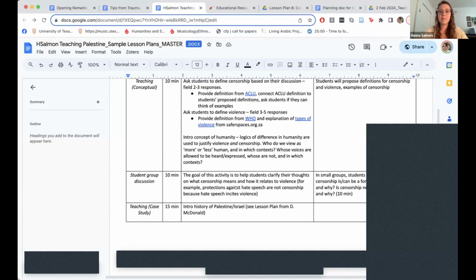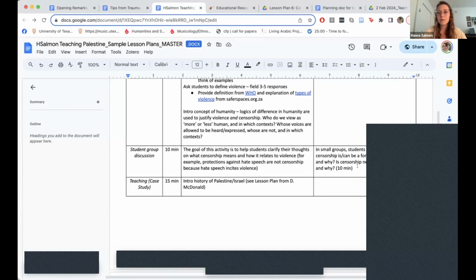And then one more small group discussion, which is to ask students to think about whether censorship is violence, when it is violence, when censorship is necessary, if it's ever necessary, why, to be able to argue those things clearly and with evidence to pull from the discussions that we've already been having.